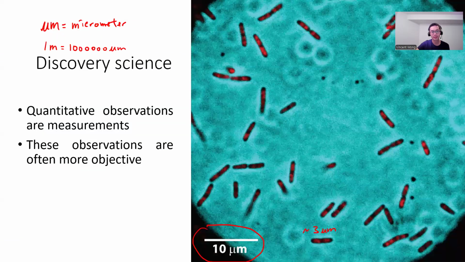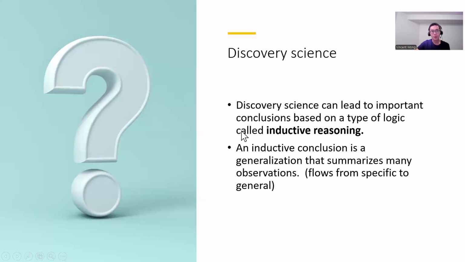All right. So when we are doing discovery science, when we're making all these observations, the point is to gather all our observations and try to come up with some kind of conclusion from it. When we take a bunch of individual observations and try to generalize them into some kind of conclusion, this kind of reasoning is called inductive reasoning.